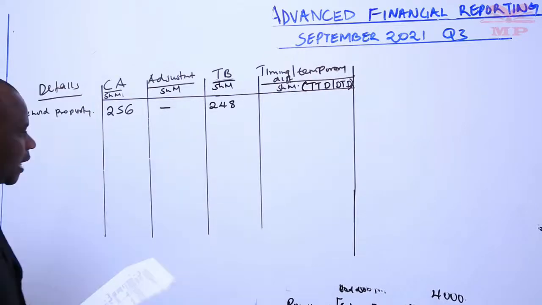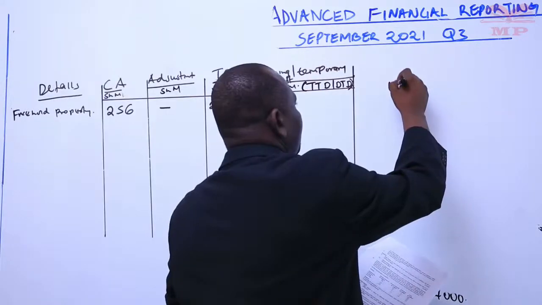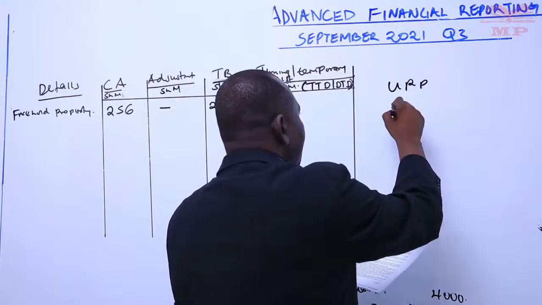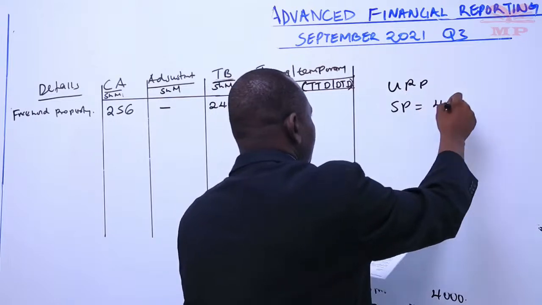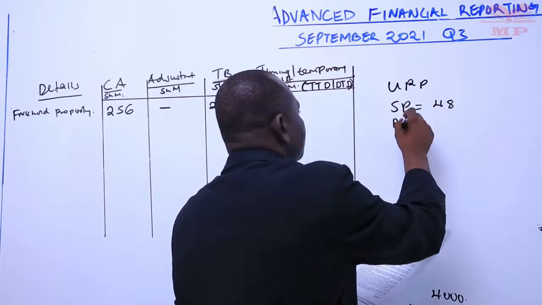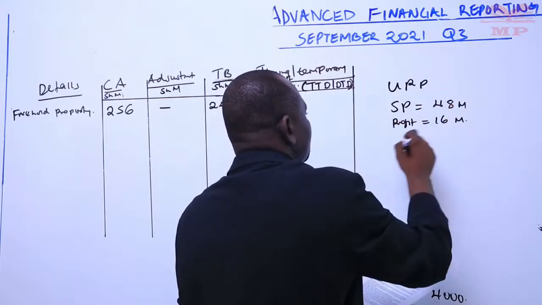So can we determine the URP? Unrealized profit here, we are told that the selling price of this stock was 48, profit was 16. So what was the margin?